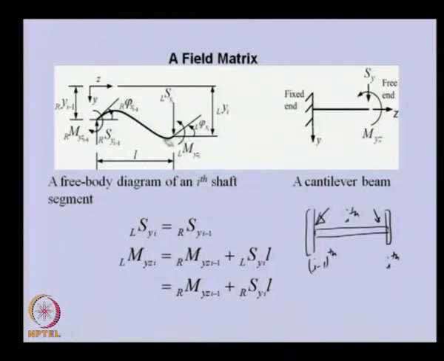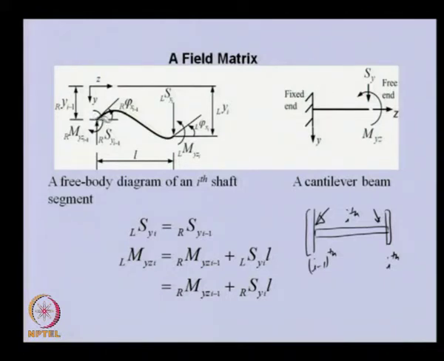So, if we see the free body diagram of this, force balance: only 2 forces are acting on this particular shaft, the shear force here and here. So, they can be equated. Shear force left of the ith disk is equal to shear force right of the I minus 1 disk. And for bending moment, maybe we can take moment about, let us say, the left of the shaft.